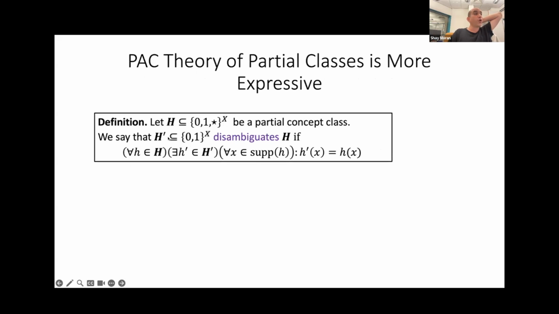We will say that a total concept class H prime disambiguates the partial class H if every partial concept is extended to some total concept in H prime. Right? So if you think about a partial concept class as this huge matrix which has 0, 1, and stars, to disambiguate it, you simply need to replace the stars by 0 or 1s. This is a disambiguation, right? Every partial concept is extended in some way to a total concept.